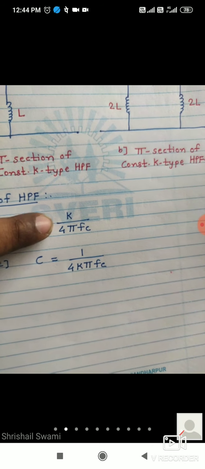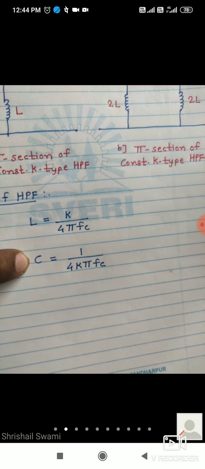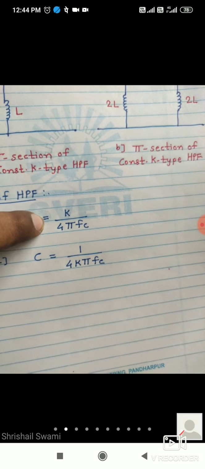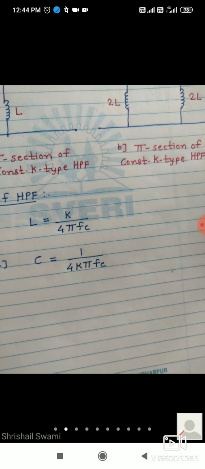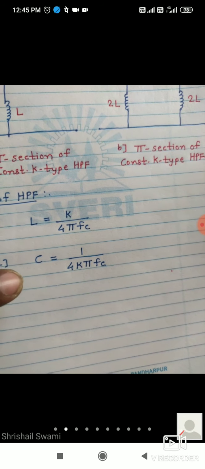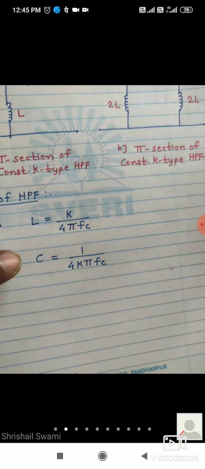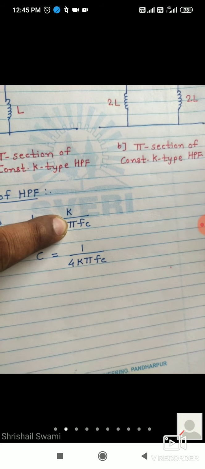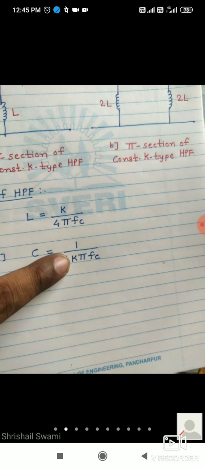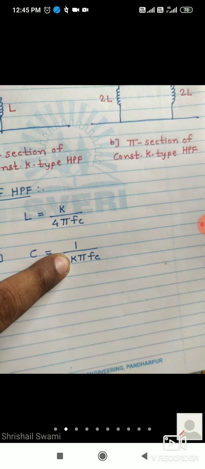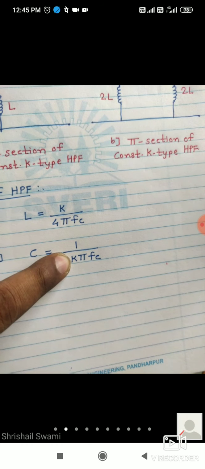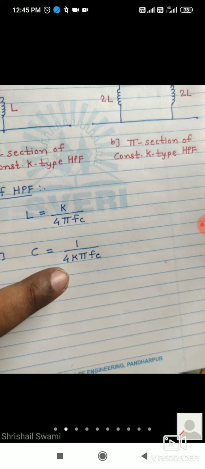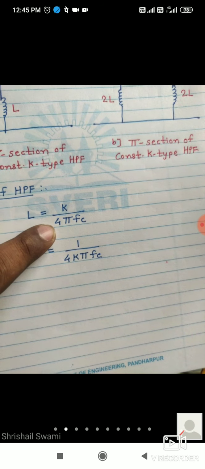L चा फॉर्म्युला जर माहित असेल तर C चा फॉर्म्युला ऑटोमॅटिकली you will get, that is, just take K in the denominator. Okay, and if you are remembering the formula of the low pass filter, low pass filter चं काय असतो, फक्त 4 नाहीये, that is K upon pi Fc. बरोबर आहे. इथं पण लो पास फिल्टरच्या रिलेटेड कॅपॅसिटन्स 1 upon K pi Fc. So what is the new factor here compared to the low pass filter? Only the 4.